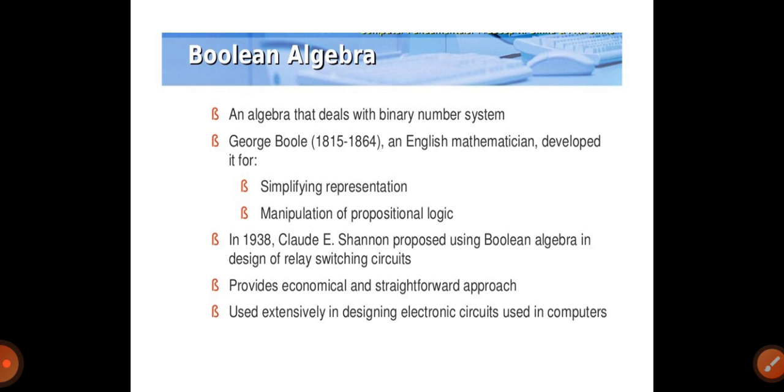In logic gates and digital electronics, we discuss binary numbers. The whole of digital electronics depends on binary numbers.